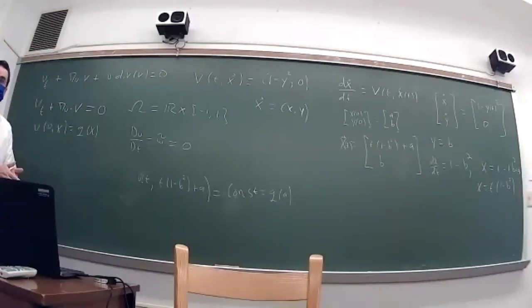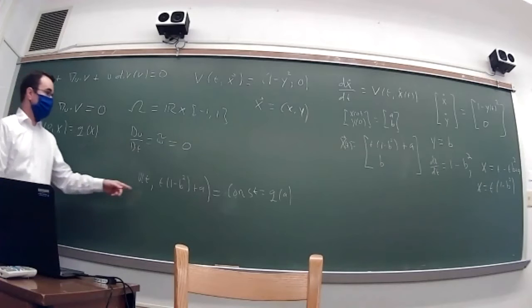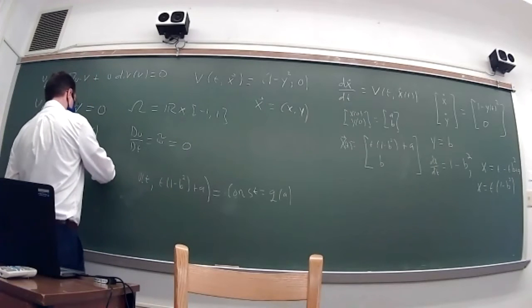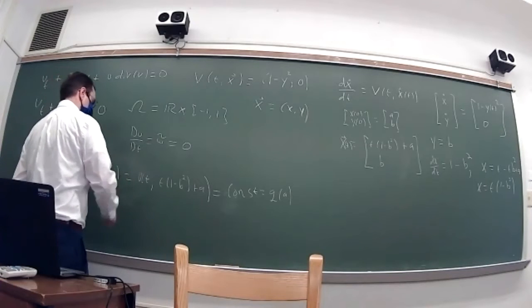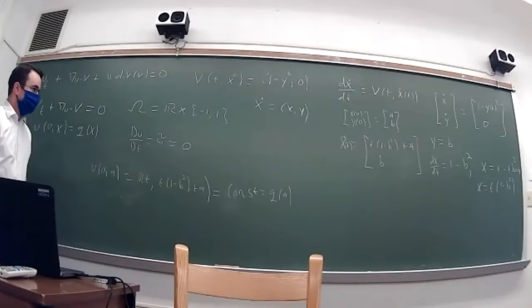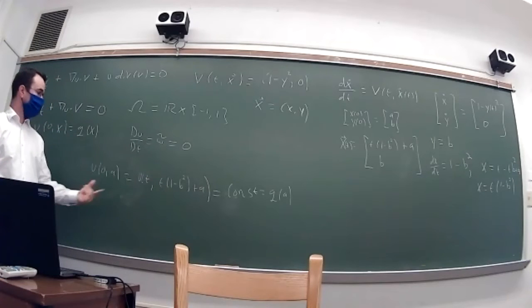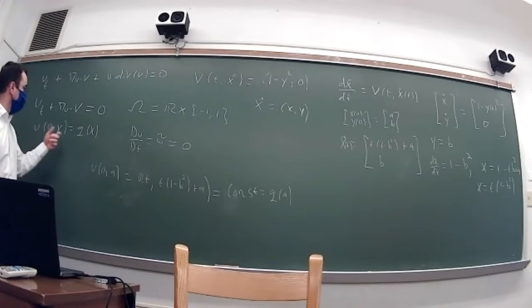So if I plug in 0, I get u of 0, a. So this is constant, it doesn't change in t. So just plug in 0, and that's equal to g of a.